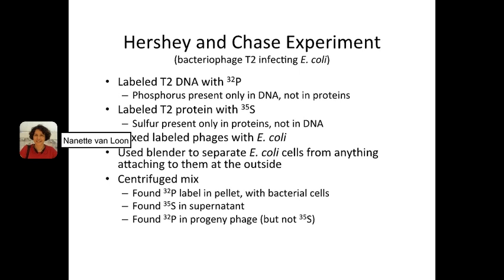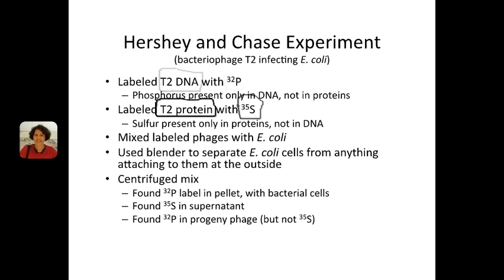Let's take a look at Hershey and Chase's experimental setup. They used 2 different radioisotopes. They used phosphorus 32 or P32 to label the DNA of their T2 bacteriophages, and they used sulfur 35, S35, to label the protein of the T2 phages.